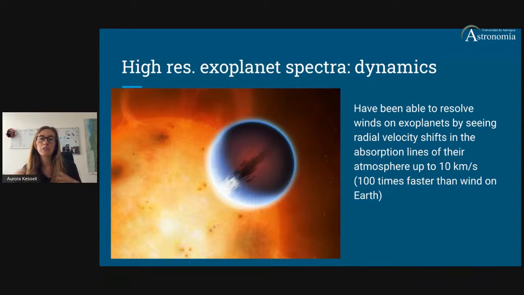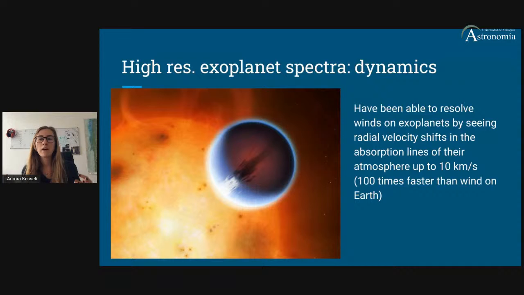If the atmosphere was completely still, we would see this radial velocity shift. But because we have this fine velocity resolution, we can actually say that the signal that we measure is slightly shifted from what we would expect. And what we've attributed this to is winds on the exoplanet's surface.